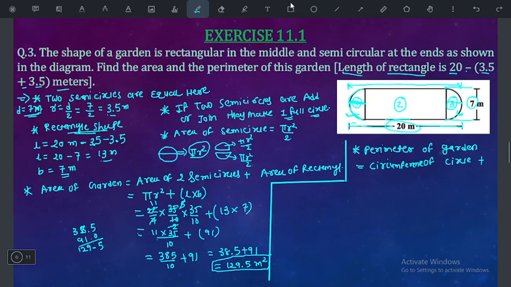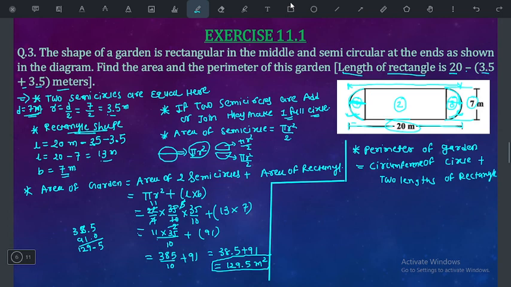Okay, so if two semicircles are joined, they make one full circle. So the circumference of the circle plus two lengths of the rectangle.